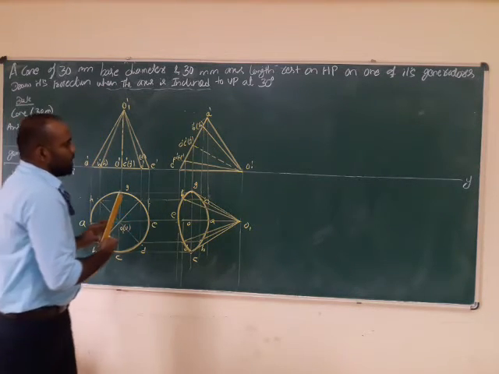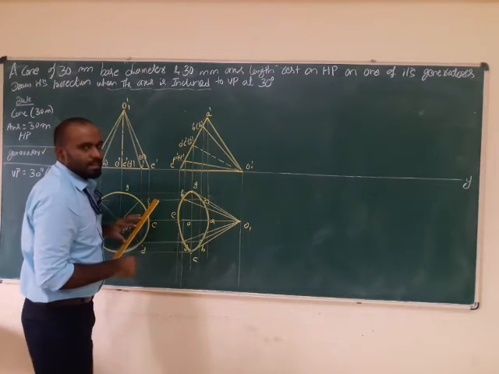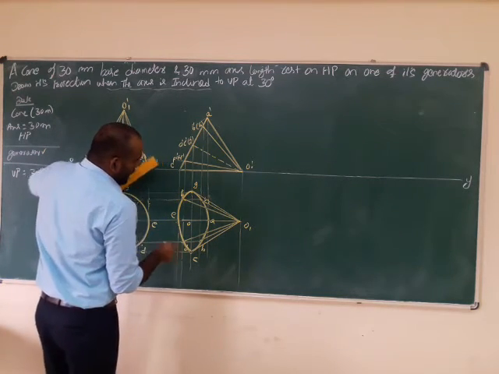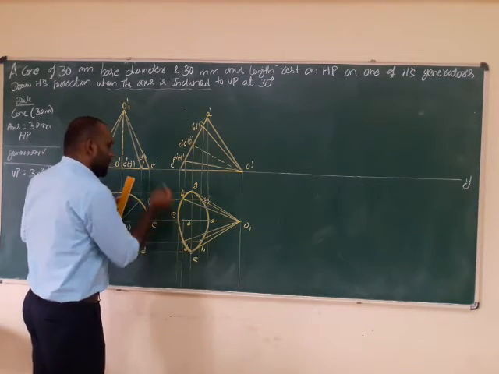Now, in that point, E to F and D is not visible. So E to F and G is not visible. Otherwise, you have to draw a dark line.